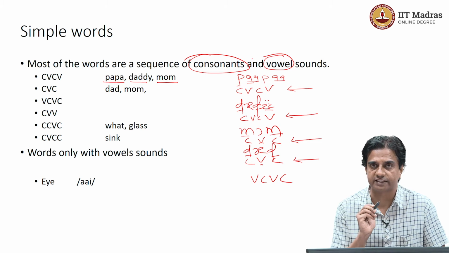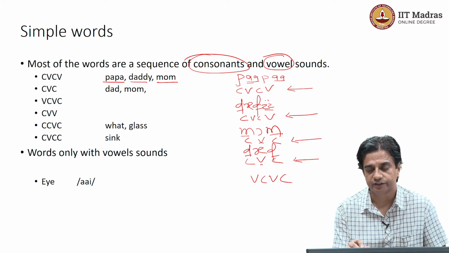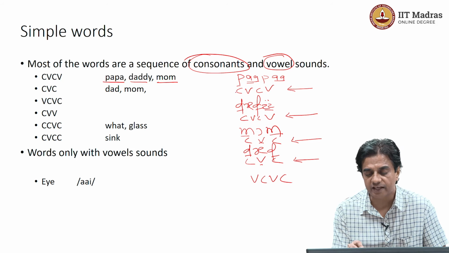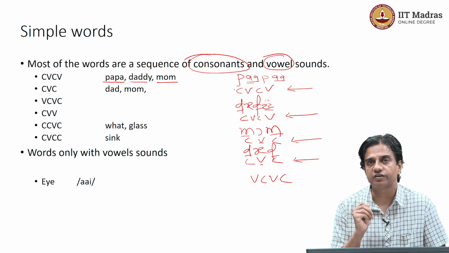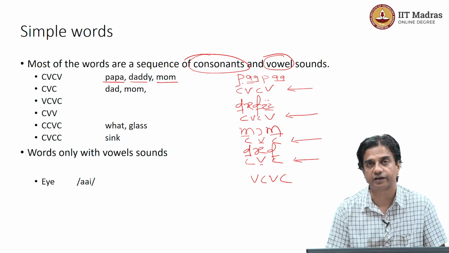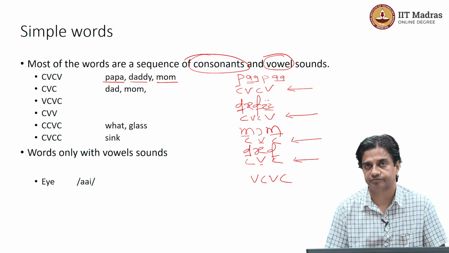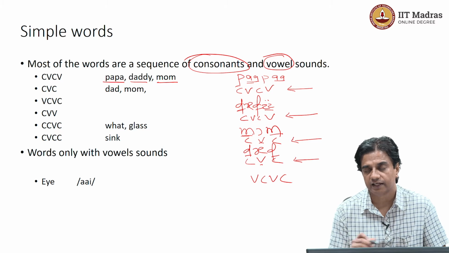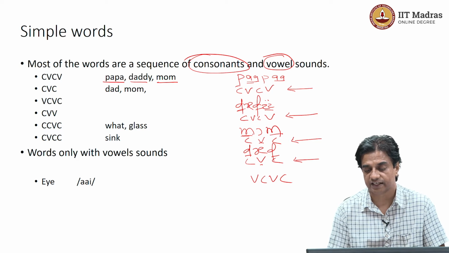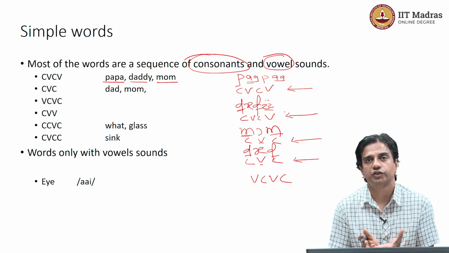I'll talk about the exercise in a minute, but another point to keep in mind is to keep paying attention to the places of articulation of these consonants also. So, pa is a bilabial consonant, da is an alveolar consonant, ma is a bilabial nasal consonant, and then you have several types of vowels to make these words.